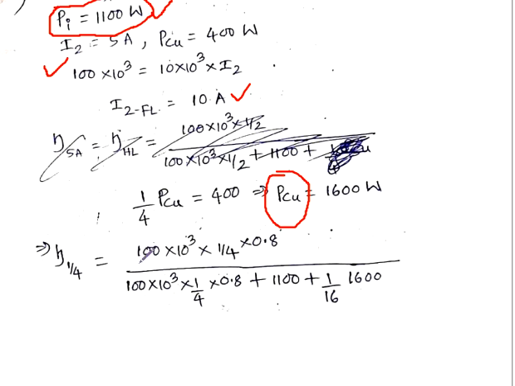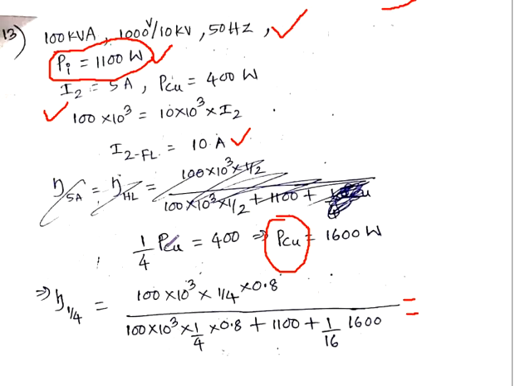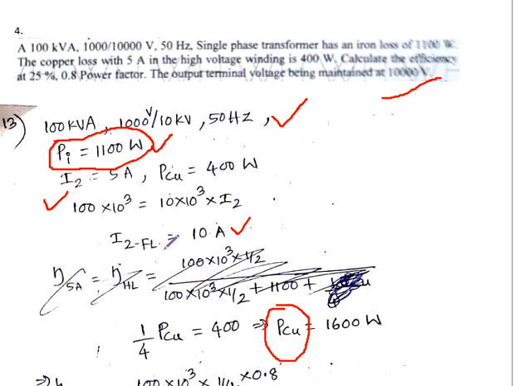Then what will it be? The output power is V2 I2 × 1/4 × power factor, divided by the same power output plus Pi plus PCU × (1/4)², which will be 1/16. So with this expression you can get the value of efficiency at 1/4 load. Like this you can proceed to solve this problem.